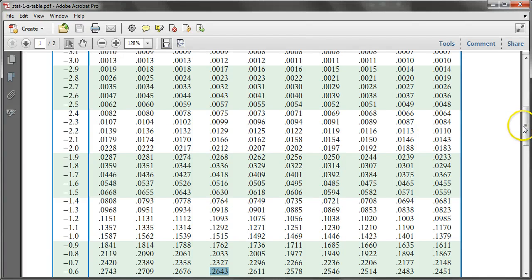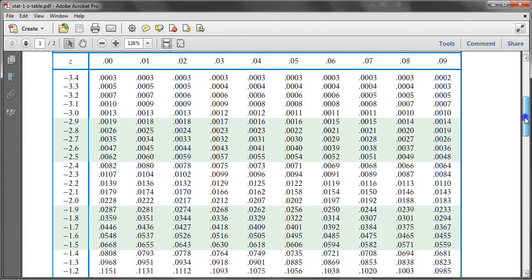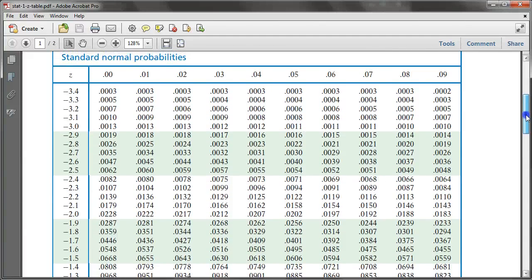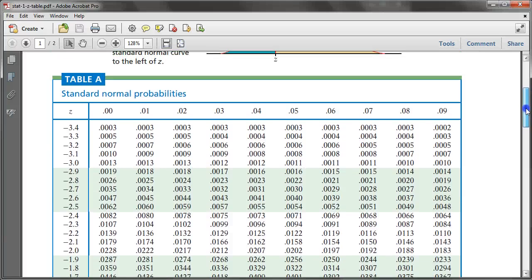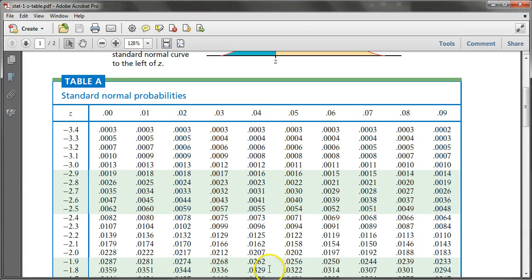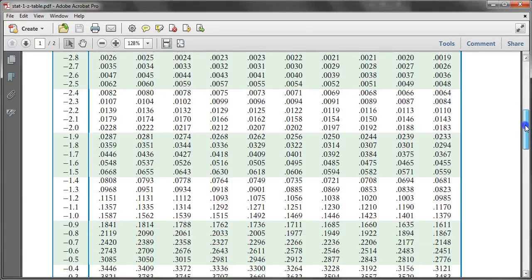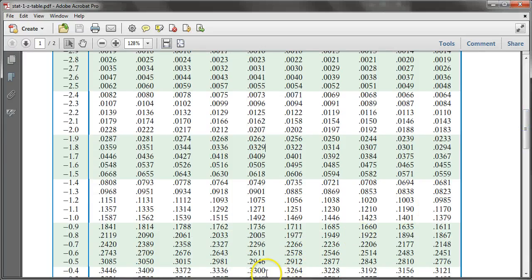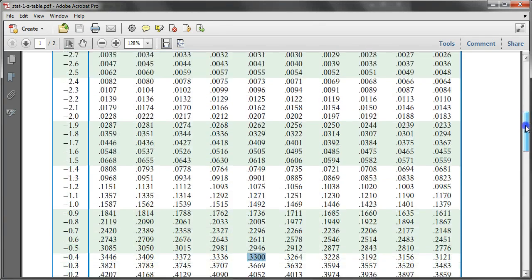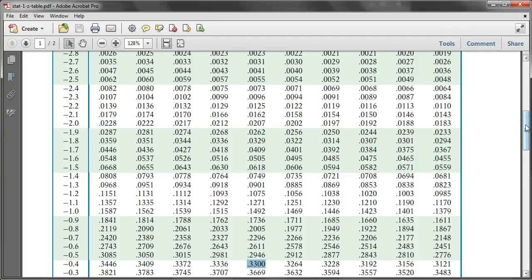Let's see, where is 0.33? No, this is 0.03, excuse me, I have to find 0.33, looks like it's right here, 0.3300, so this corresponds to z equals negative 0.44, I think, yes, negative 0.44.